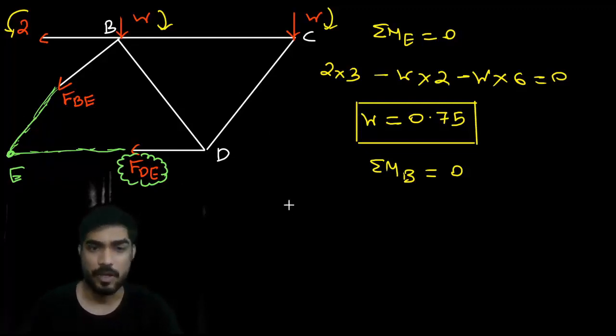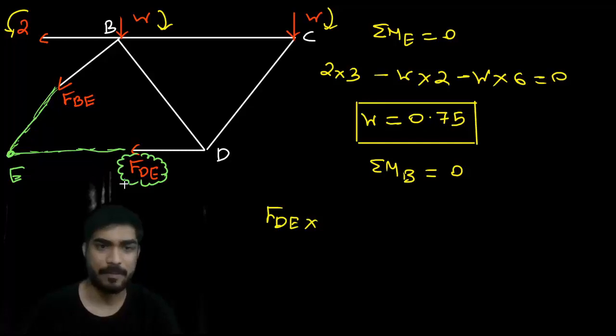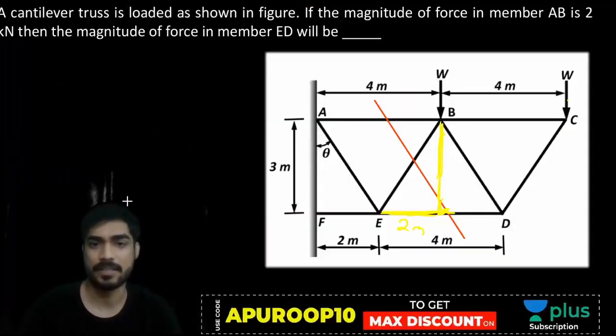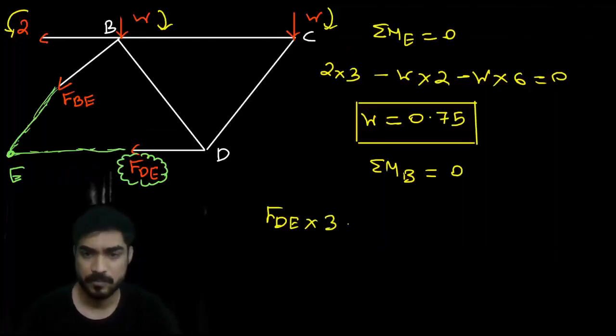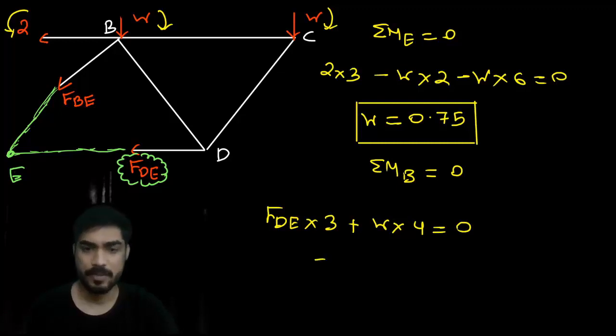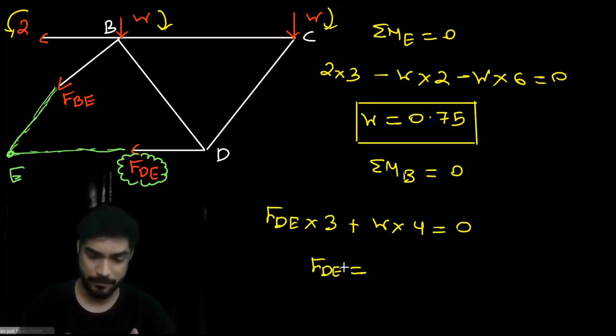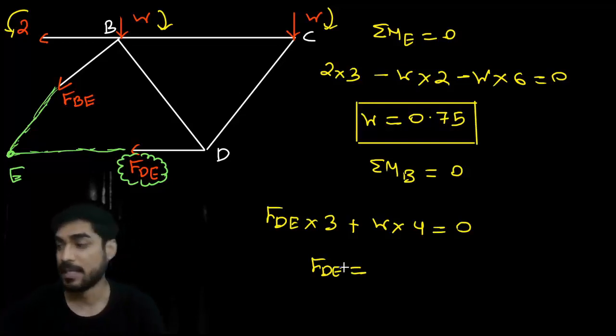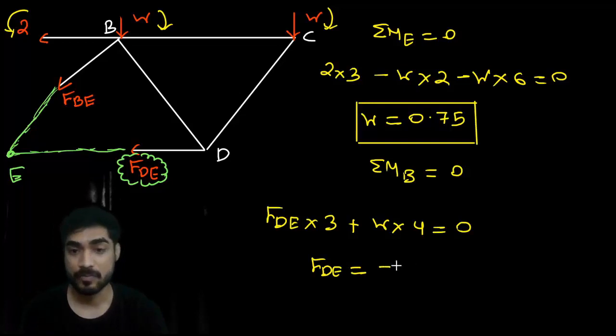So what will you get? FDE multiplied by the vertical distance, 3 meter, plus W into this distance, 4 meter, equals 0. So FDE will be 4 into 0.75 by 3, which is 1, and it will be negative.